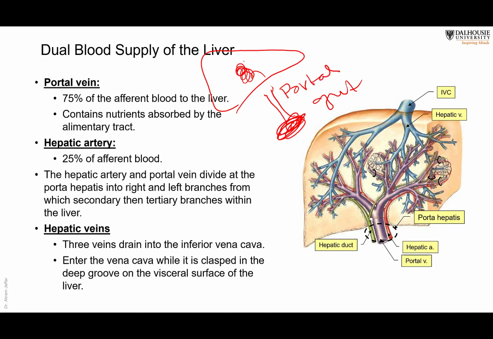And then from these capillaries, veins will be collected that are the hepatic veins, and they will go to the inferior vena cava, to the systemic circulation, not to the portal circulation.